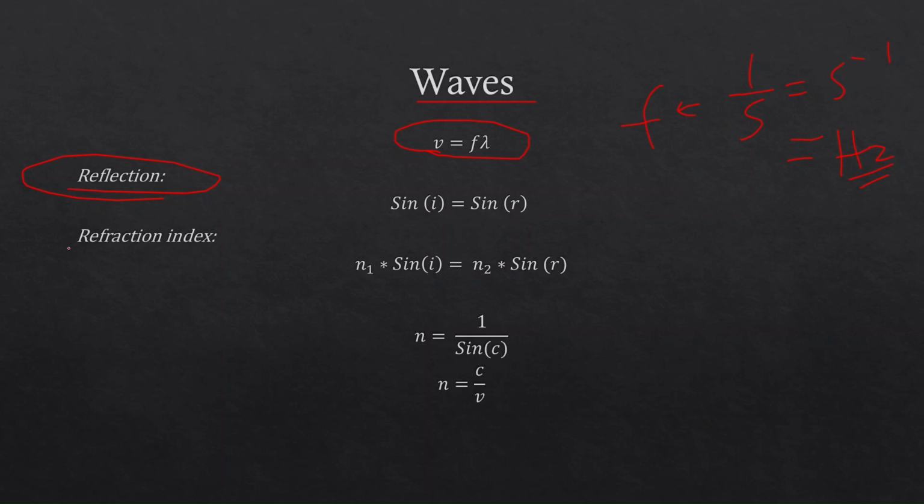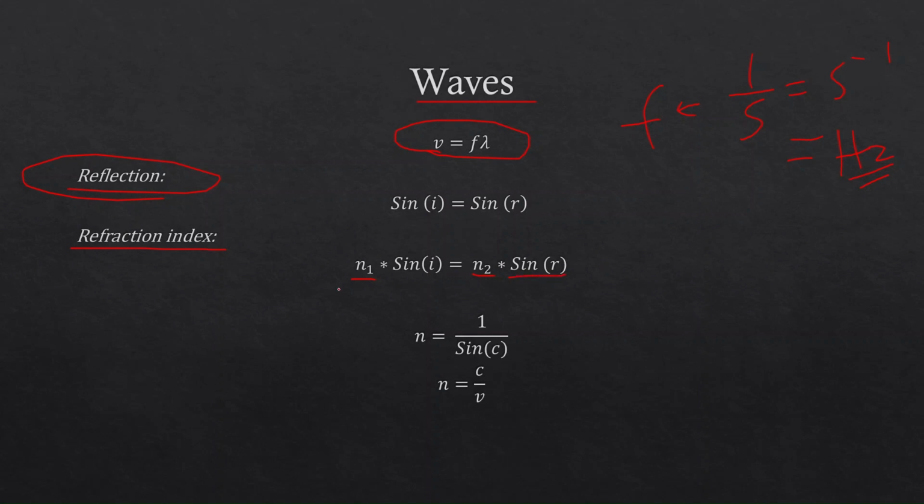That's it. Refractive index is nothing but n1, the refractive index of the first medium, multiplied with sine i, the sine of the angle of incidence, equals n2, the refractive index of the second medium, multiplied with sine r, which is the angle of refraction.